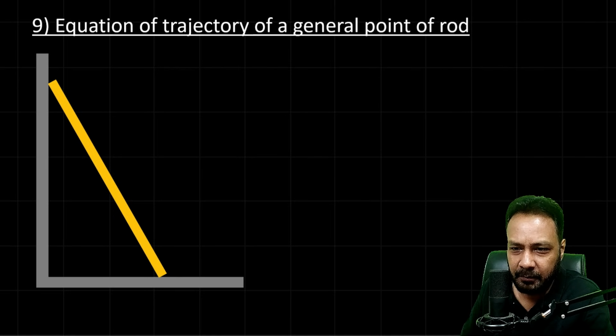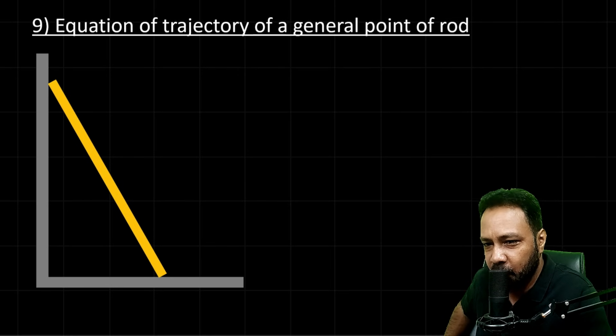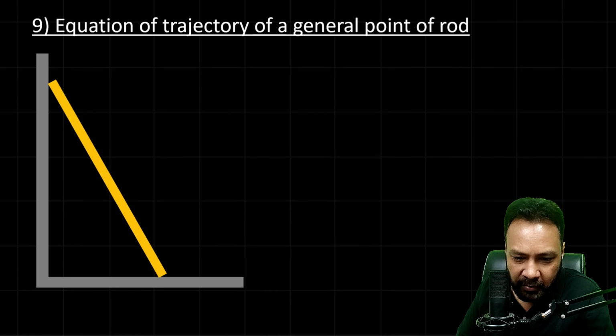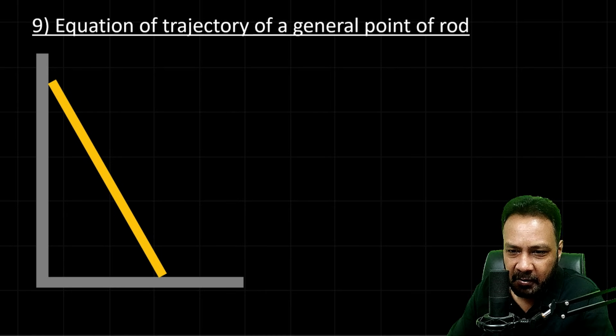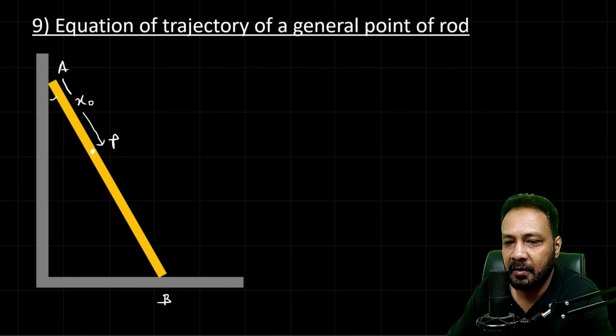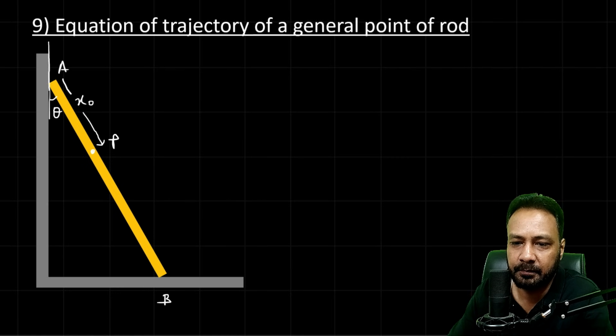The center's trajectory is a circle. Now we want to find the equation of trajectory of a general point. General point means, suppose this is A, this is B, and say I have a general point, say this P. General point is defined, say, at a distance x naught from the upper end, and at this position theta I have to write the equation of trajectory.